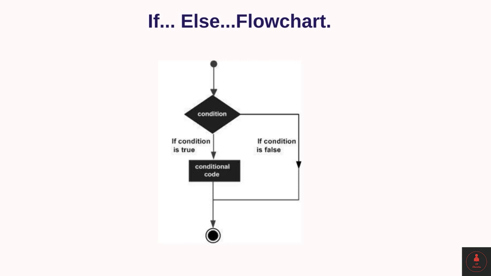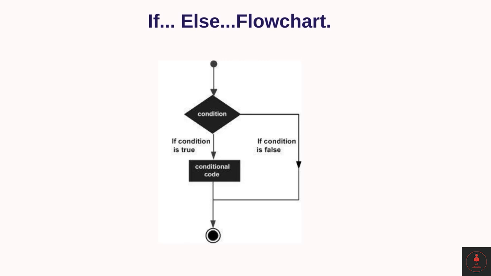So this is how the execution will take place. When the code flow is happening, there will be a condition carried by the if keyword. If the condition is true, then only we will execute the conditional code. If it is false, that particular code will not get executed.